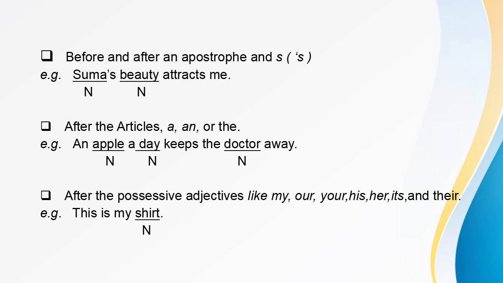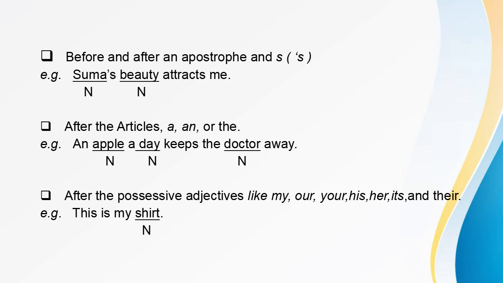Before and after an apostrophe and s, which is given clearly in the brackets, my dear students. You can see that that is apostrophe and s, which is being displayed on the screen. You can have a look at it. And I hope you all are noting down all these sentences in your notebook, my dear students, which is very essential.